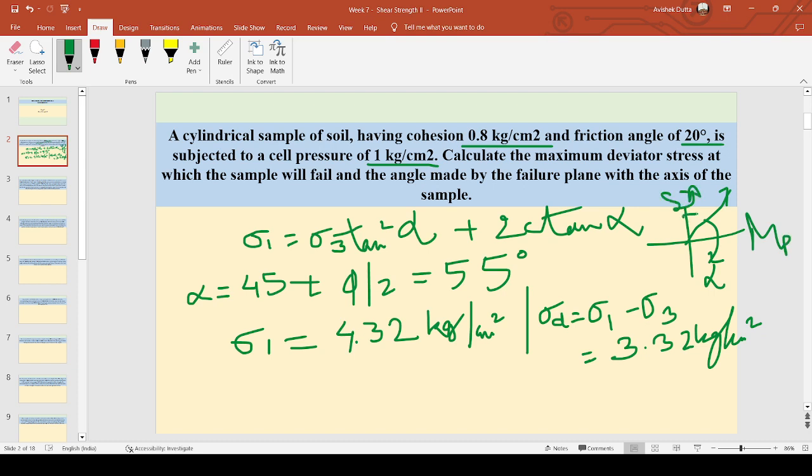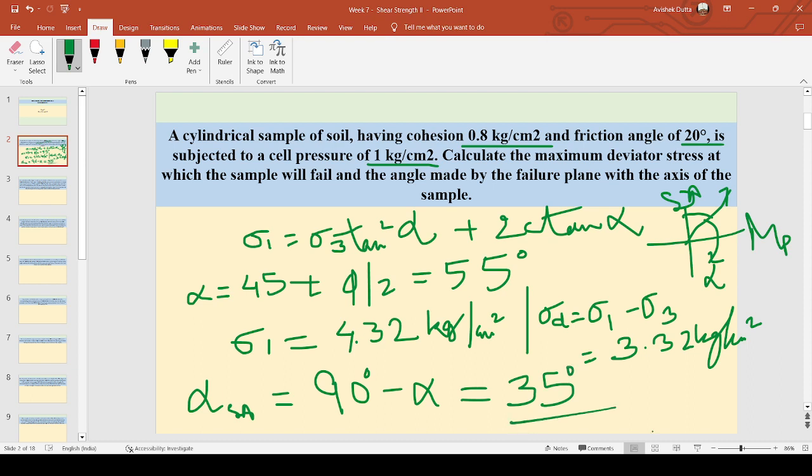The angle with the sample axis will be 90 minus alpha, that is 90 minus 55 degree, equal to 35 degree.